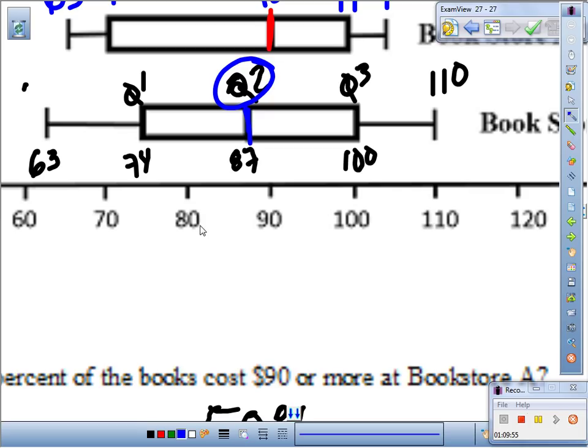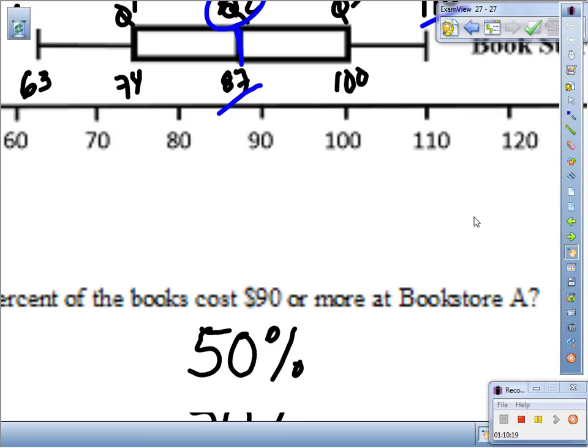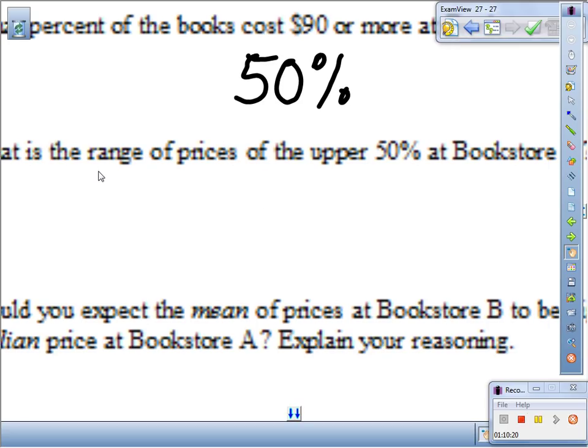Subtract the largest from the smallest. That is correct. The upper half is all this. Subtract the largest from the smallest. That's what they're asking you to do here. Find the range of the upper 50%.